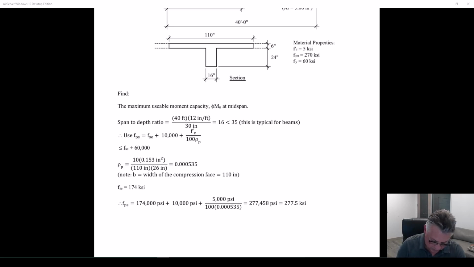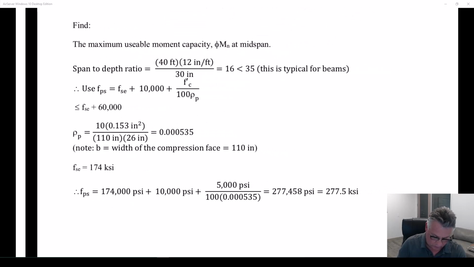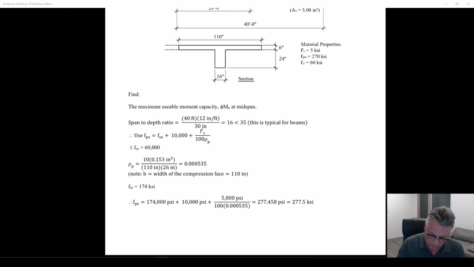The FPS equation is this for unbonded tendons with this span to depth ratio that has a 100 in it. Be careful. This is where things go wrong. Rho P is now different. This is APS divided by b dP. Be very careful. b is, by definition, the width of the compression face.